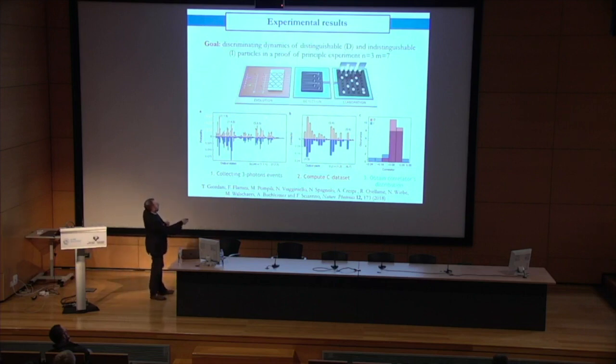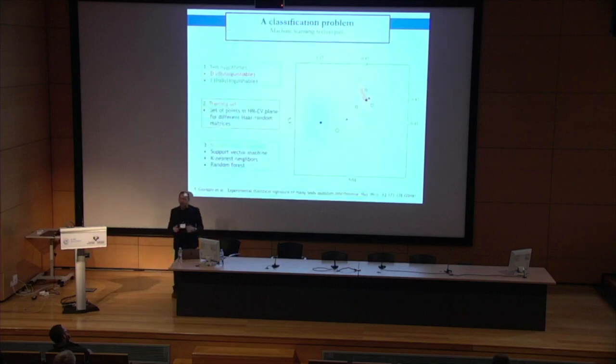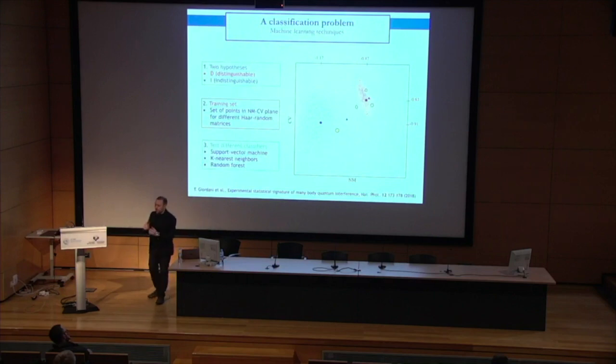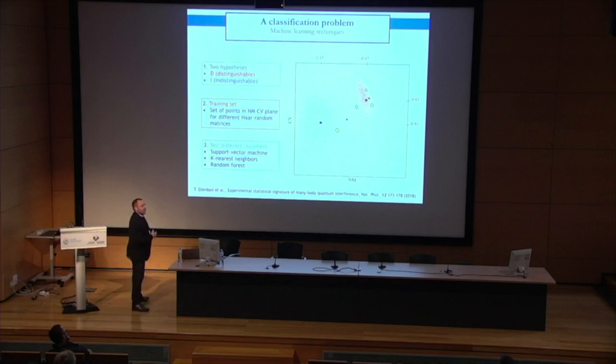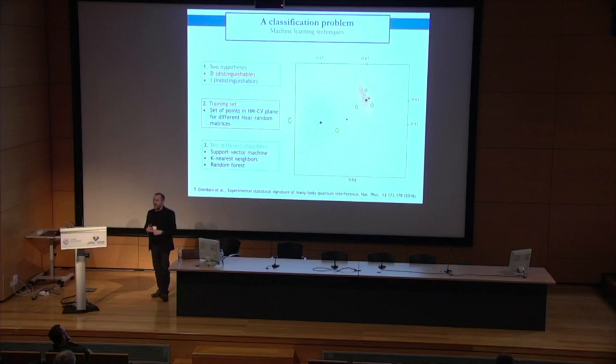Here, you can then estimate the correlator data set, and then you can do some pattern classification of your dynamics. So in that case, the main goal of this validation of Boson sampling, the goal that we have mainly undertaken, is to be able to validate the case in which your particles are indistinguishable versus the case in which your particles are distinguishable.